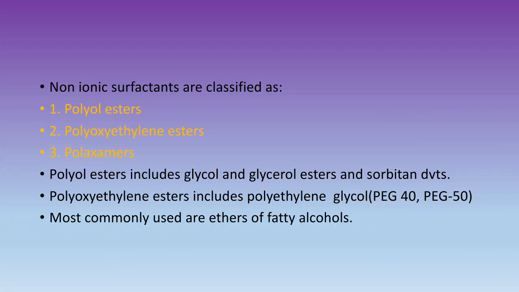Then polyoxyethylene esters include PEG40 or PEG50 or simply polyethylene glycol. So depending upon the type of functional group and its molecular weight, it can be classified as PEG40 or PEG50. And most commonly used are ethers of fatty alcohol. So ethers of fatty alcohol are commonly used here as a functional group.